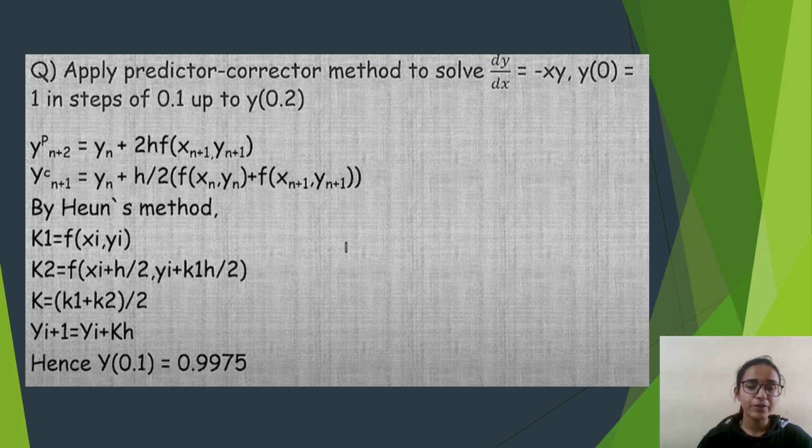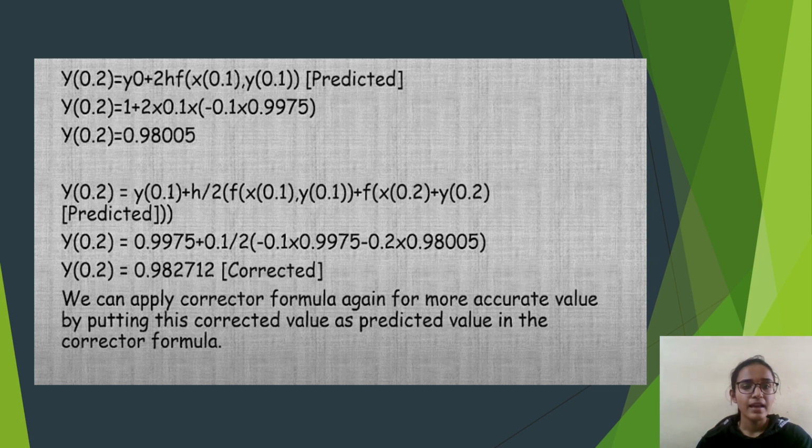So y of 0.1 will be 0.997 and y of 0.2, that is the predicted value and the corrected value, we have mentioned here. So we can apply the corrector formula again for a more accurate value by putting this corrected value as the predicted value in the corrector formula.